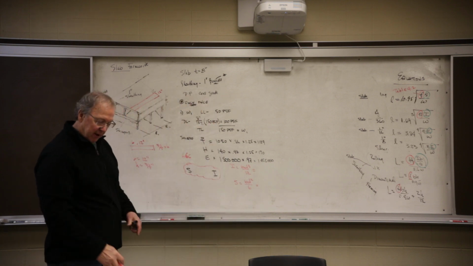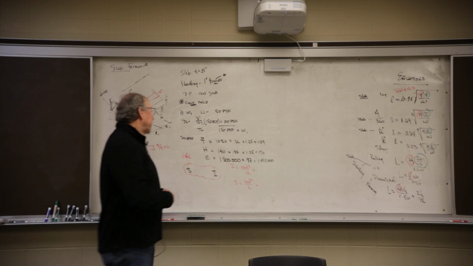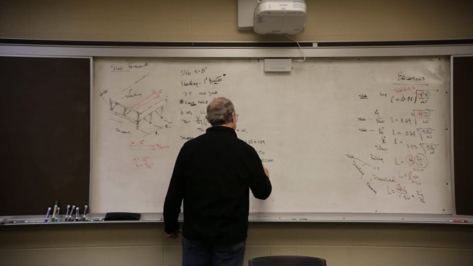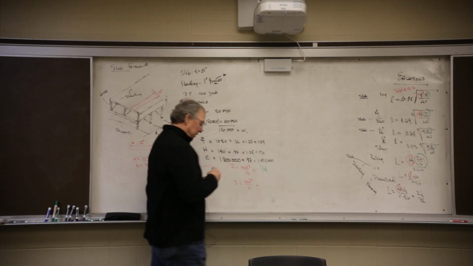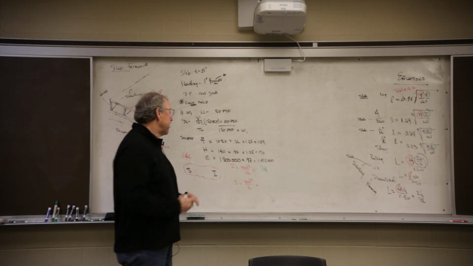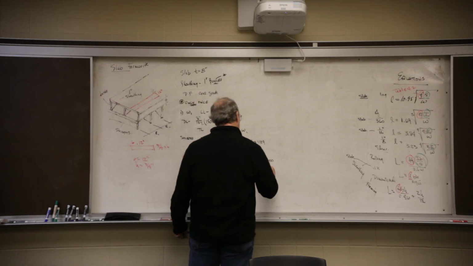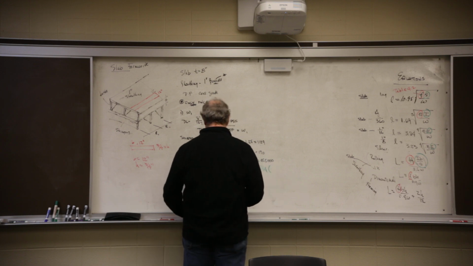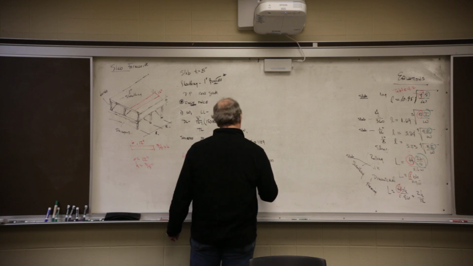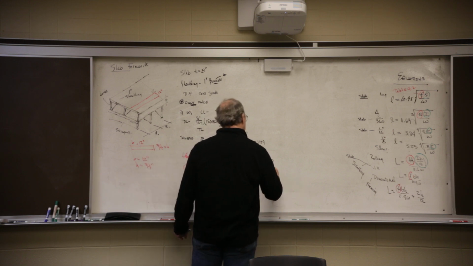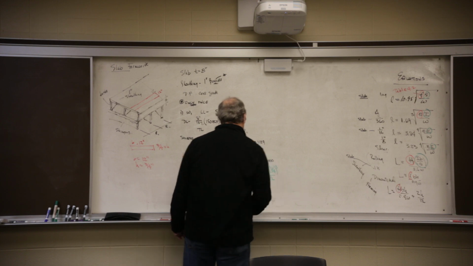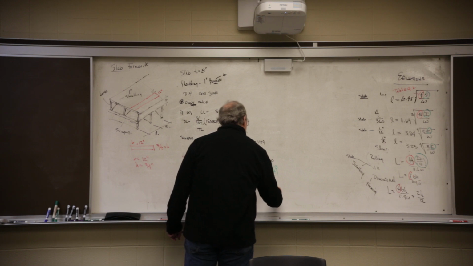If I put the data in there, this should be 3/4. B is 12, 3/4 cubed over 12, and this is 12 times 3/4 squared over 6.